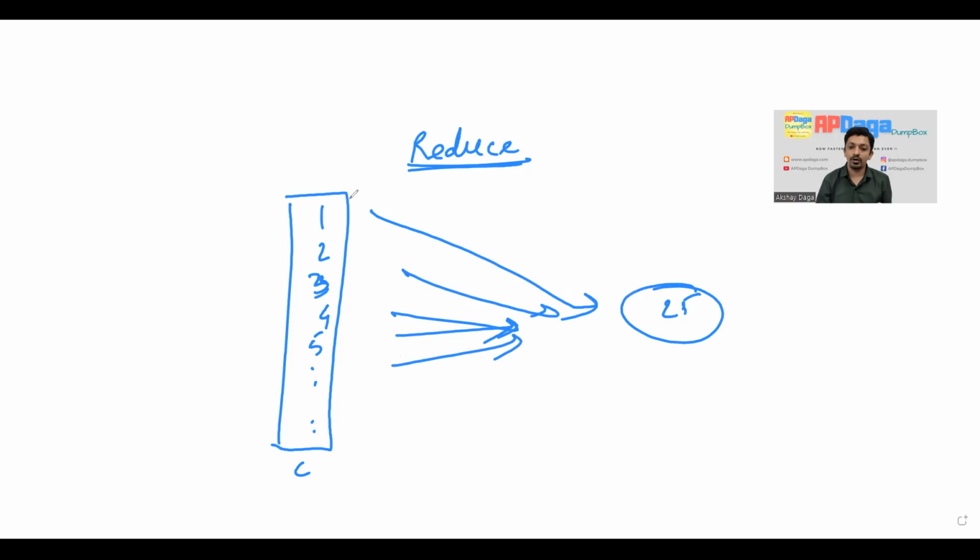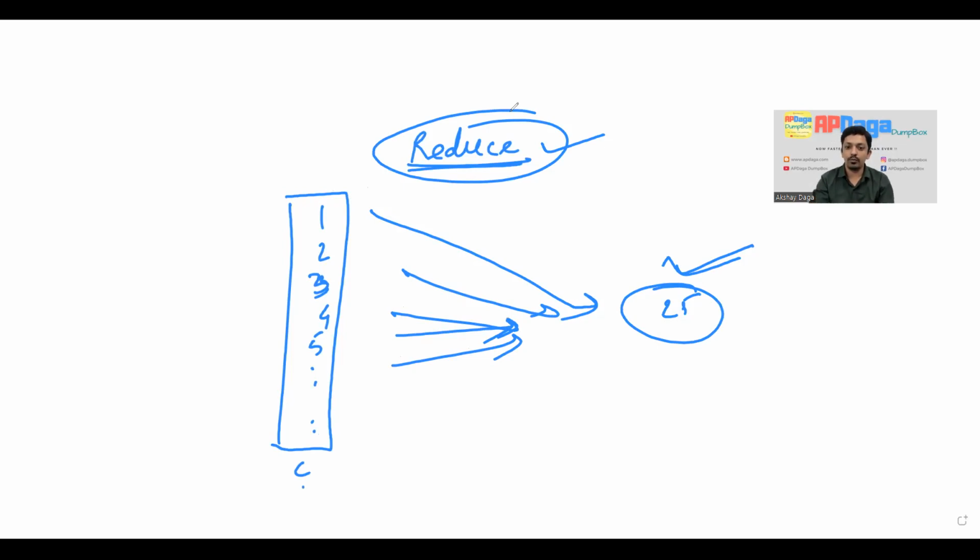So what you are doing? You are reducing all the elements from this collection to a particular value. Okay, this can be done using reduce function. There are other ways also to do the same using for loop, using built-in sum function, but I'm not talking about only summation operation.